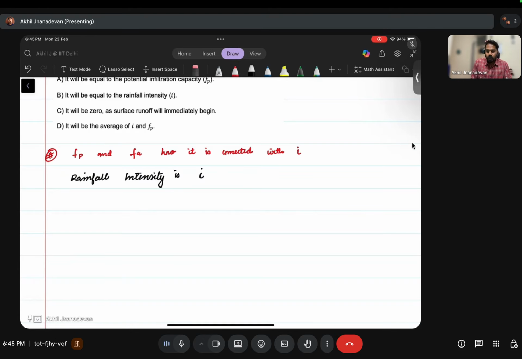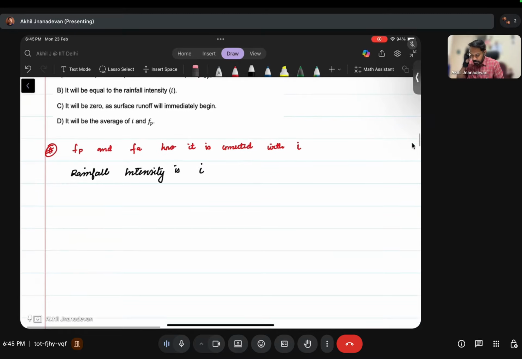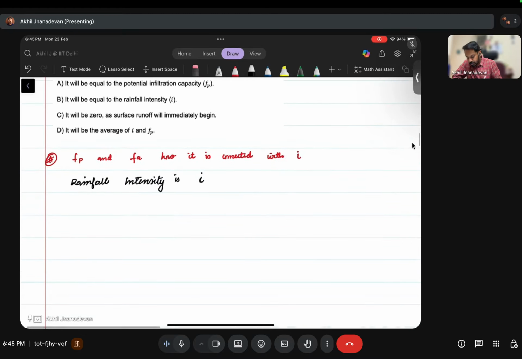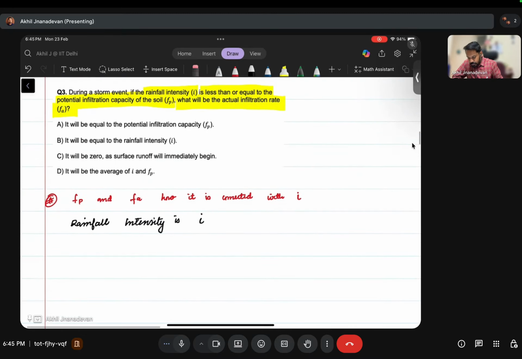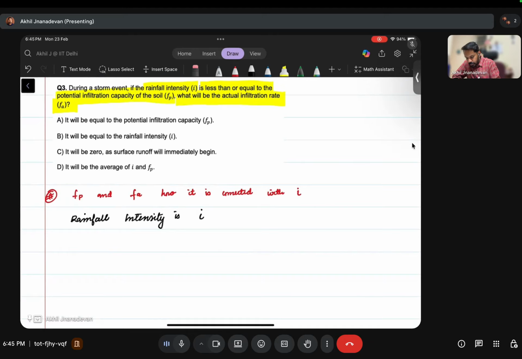So if the rainfall intensity is greater than that particular threshold, then the infiltration won't be increasing. It will be reaching the maximum capacity, right?